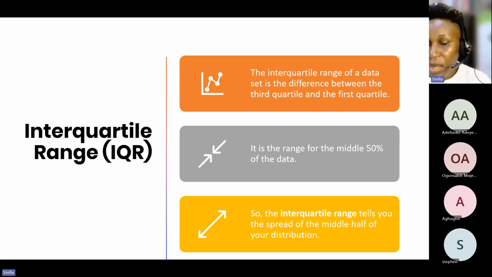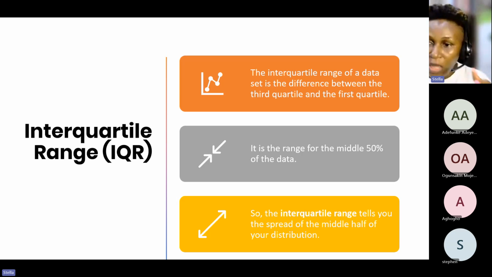Like I said, you have a data set running from, let's say, 1 to 100, and then you arrange them. Your first quartile is the first 25. Your second quartile is from 26 to 50. Then from 51 to 75, your third quartile, from 76 to 100, something like that, right? So you have 4 quartiles of 25% each.